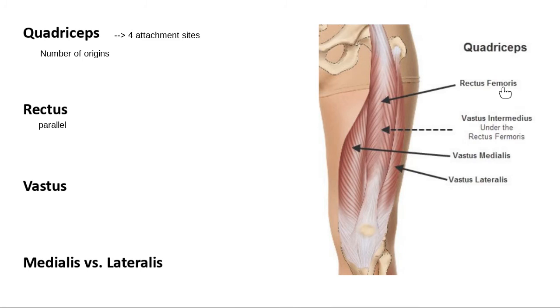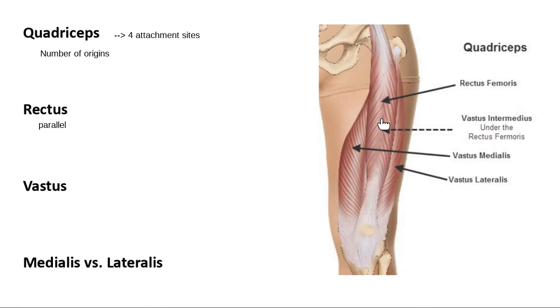What does its name tell us? The bone that it's by. It's by the femur. Yep. Rectus femoris is the muscle in the middle of your thigh that goes parallel to the femur. That's what rectus means, parallel. Parallel to the femur, rectus femoris. That's one of my muscles in the quadriceps.